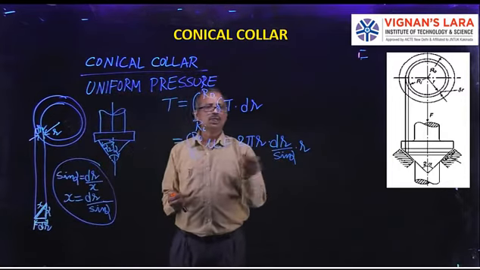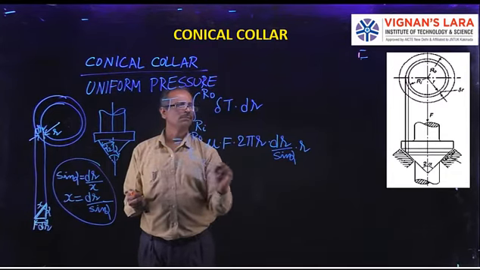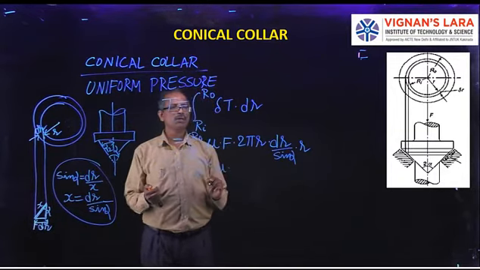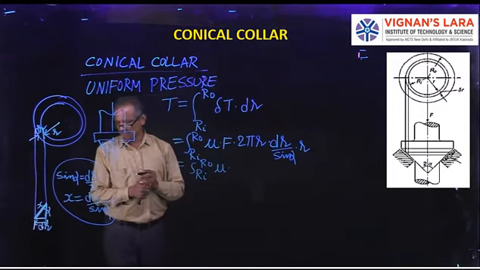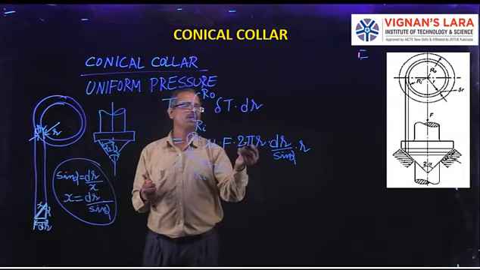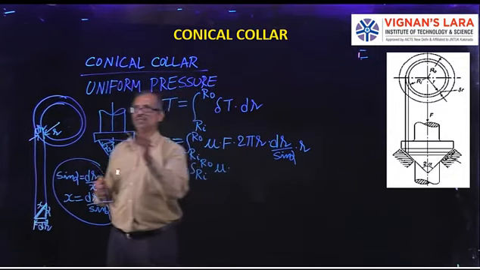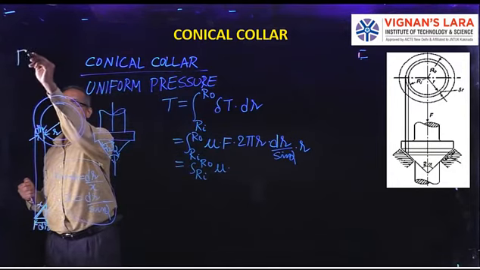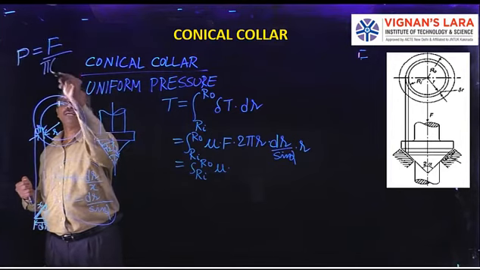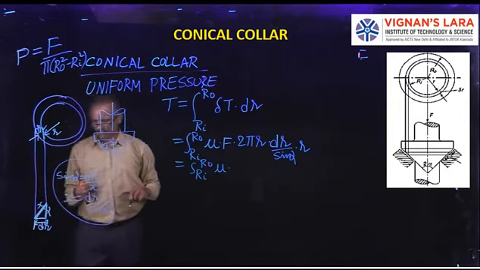So if you write this part, what is this? The integral from Ri to R naught, mu, and what is F? This is the frictional torque, so what is the F value? We know that P is equal to F by pi (R naught square minus Ri square) in uniform pressure theory.